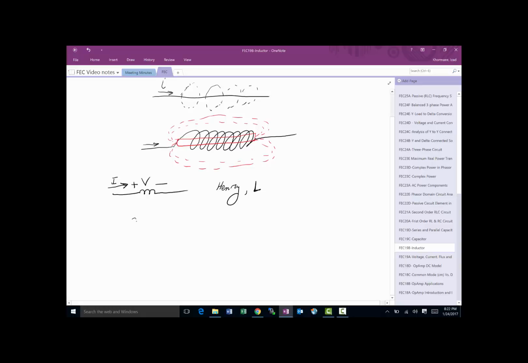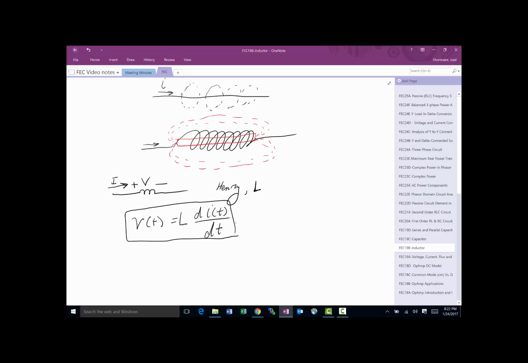So we will write v(t) = L di/dt. And this is a very important equation. This allows us to relate current and voltage in inductors. This is as important for inductors as Ohm's law was for resistors.